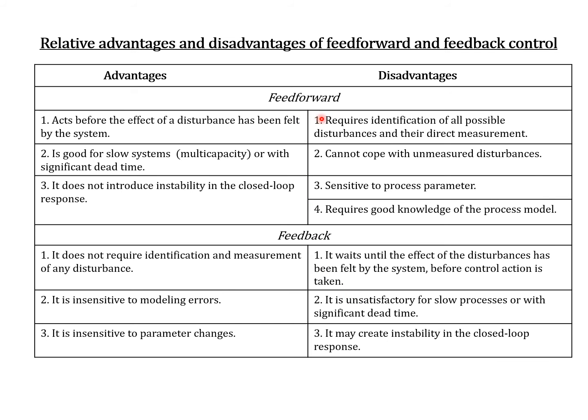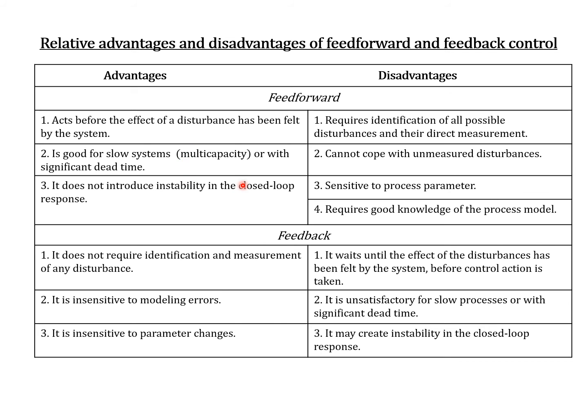So there are advantages and disadvantages in the feedforward, and there are advantages and disadvantages in the feedback. Both have got their good and their bad, but of course the best thing is to combine them so that we get the best of both worlds. We get the effect of the feedforward that will take care of the disturbance before it comes in.